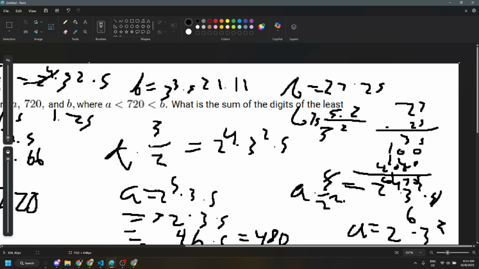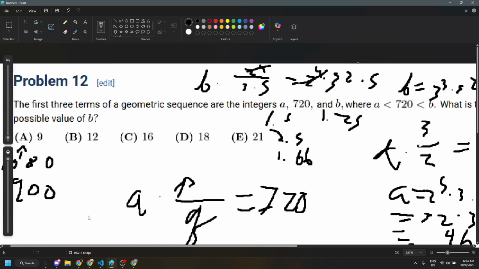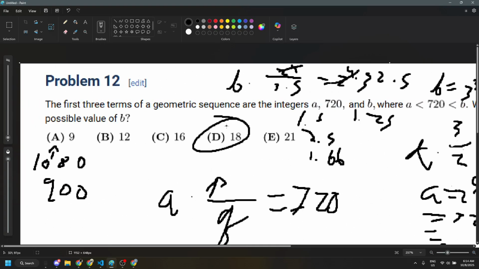Add them together, we get 13 plus 5 is 18. 18, I think, will be my answer. I'm fairly confident about that. I think that's the smallest gap we can get with these numbers, because the only one we didn't utilize is 1, 3. Can't really make anything smaller with just 1, 3.